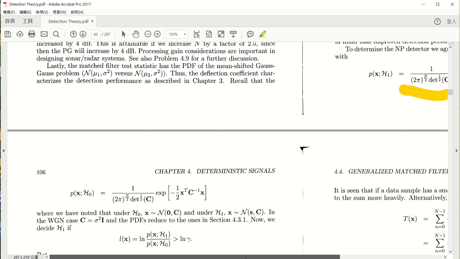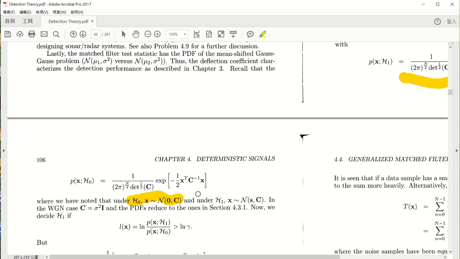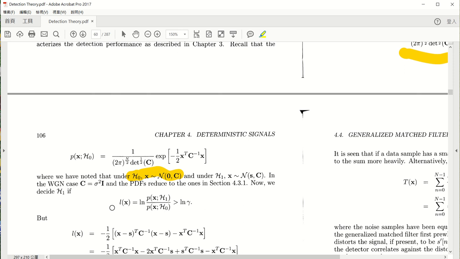But under h0, there will be zero mean, right? Under h0, it's zero mean. So its multivariate Gaussian will be something like this. And then the likelihood ratio will be L of x, this over this.